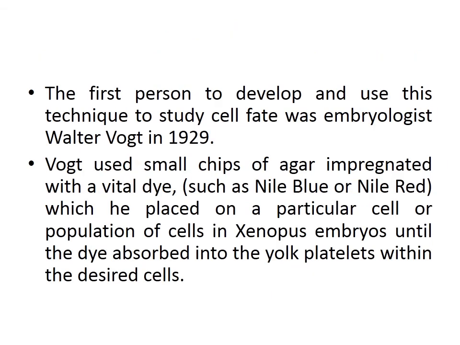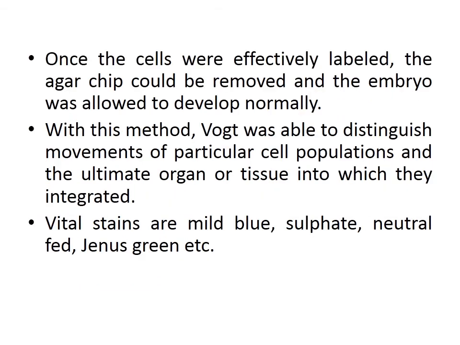The first person was Walter Vogt in 1929 who used this technique of vital staining. Vogt used small chips of agar. This was impregnated with a vital dye such as Nile blue or Nile red, which he placed on a particular cell or population of cells in Xenopus embryos until the dye was completely absorbed into the yolk platelets within the desired cells.